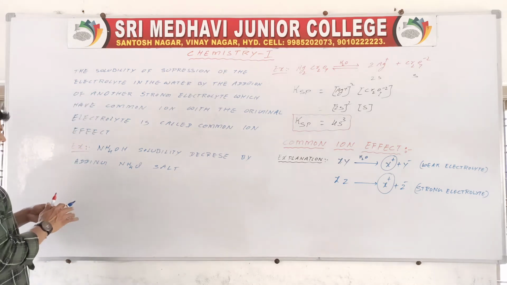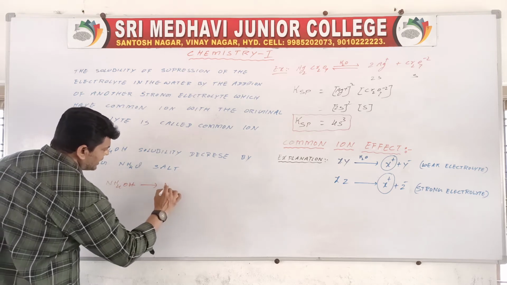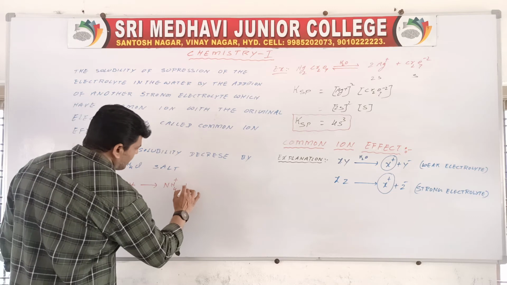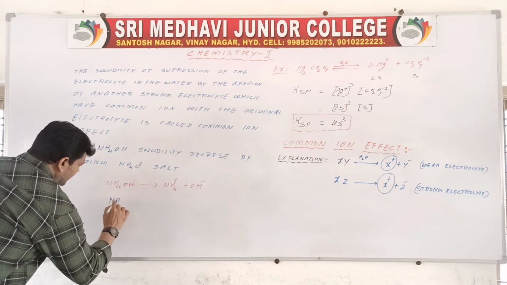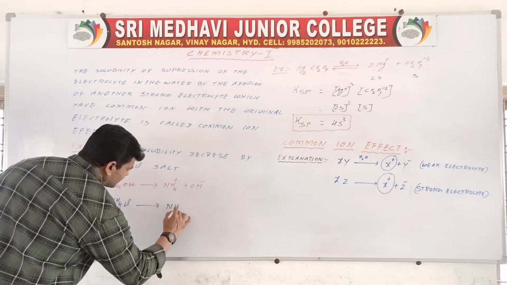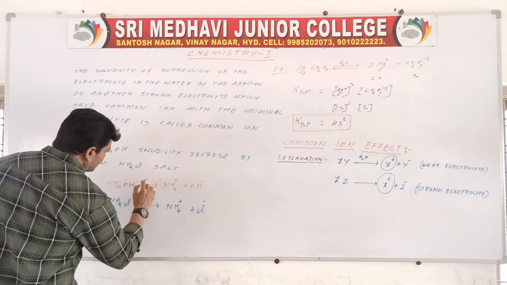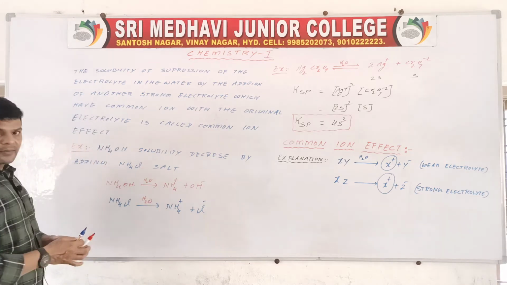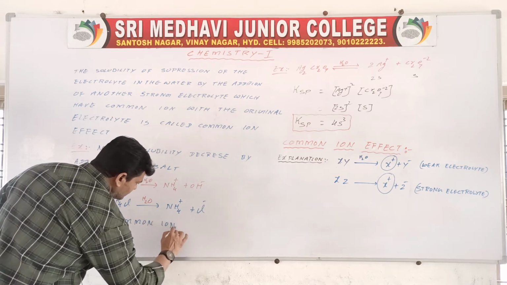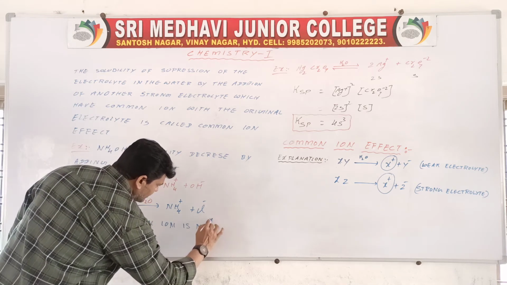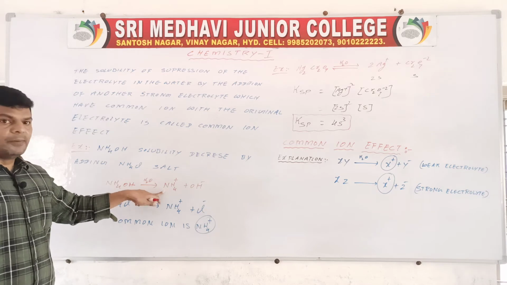NH4OH divides into NH4 plus and OH minus. NH4Cl divides into NH4 plus and Cl minus in water. So here the common ion is NH4 plus. Due to the presence of NH4 plus ions, its solubility will decrease.